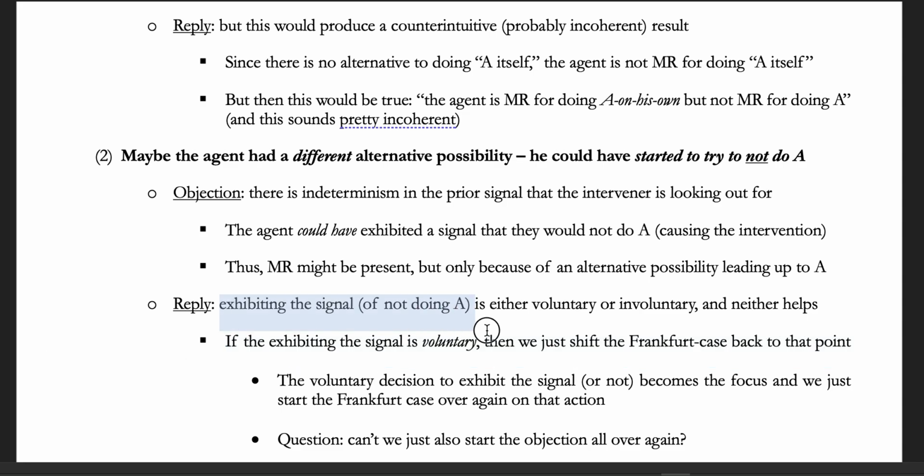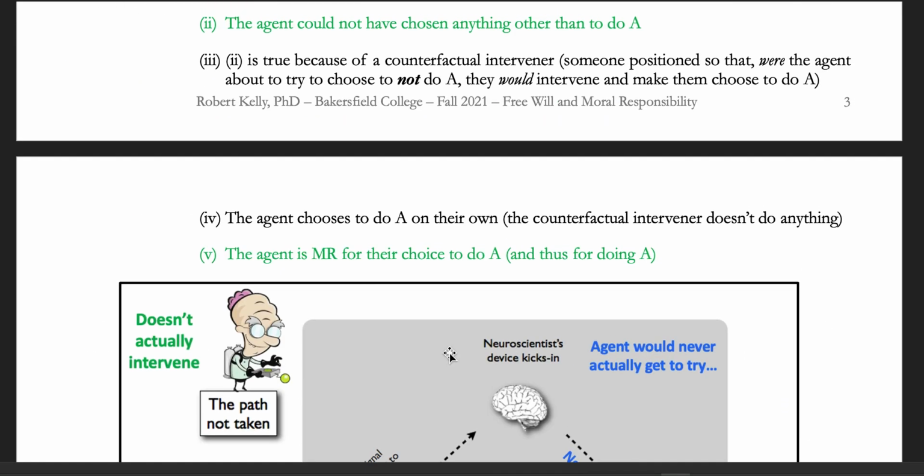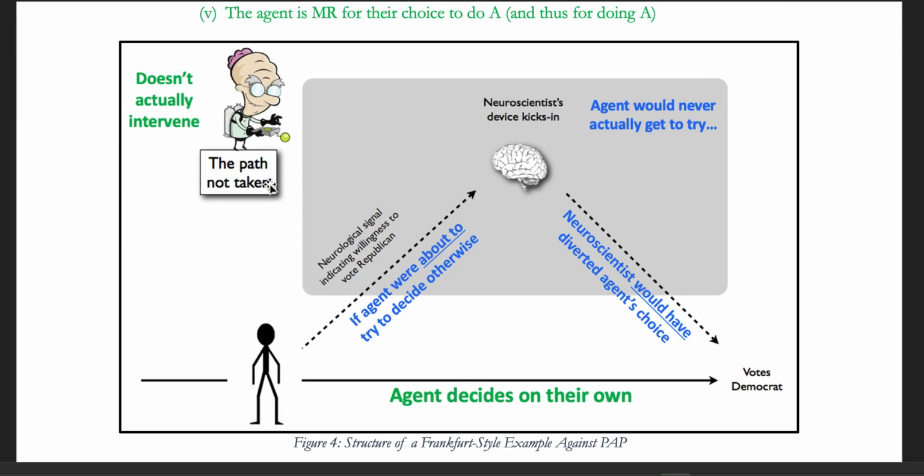If exhibiting the signal is voluntary, then we just ask, well, was that free? And we can just do the Frankfurt case on that voluntary decision to issue the signal. We can just make it so that the counterfactual intervener is focused on this sort of signal decision. So they want you to not show the signal.